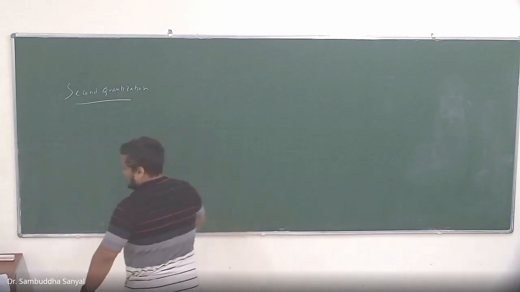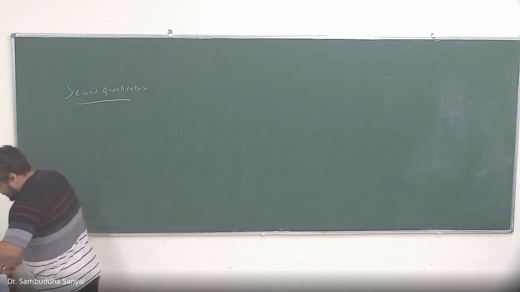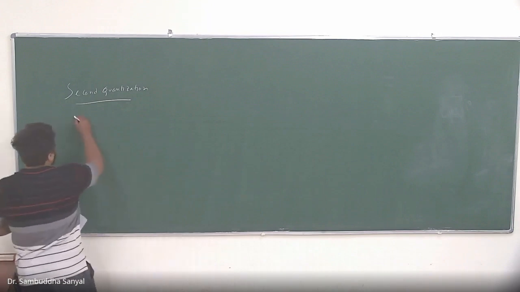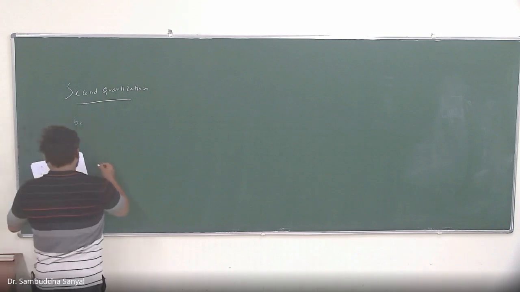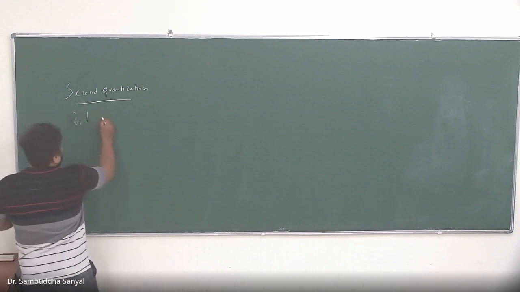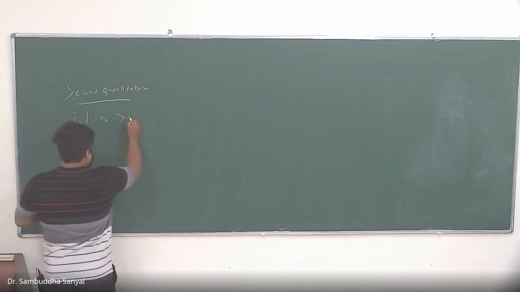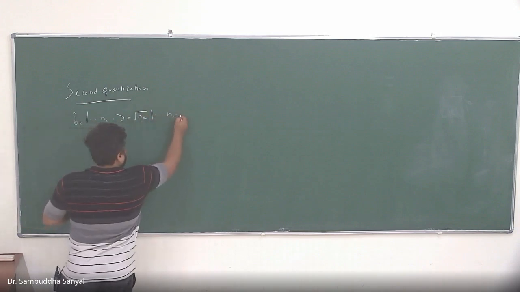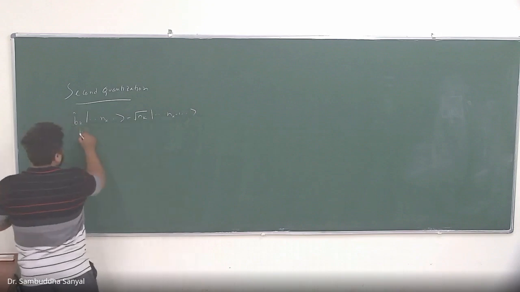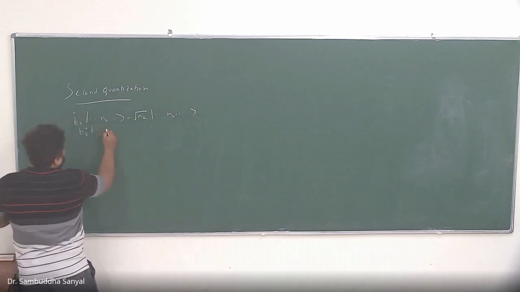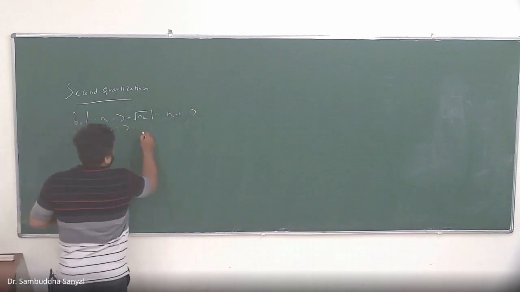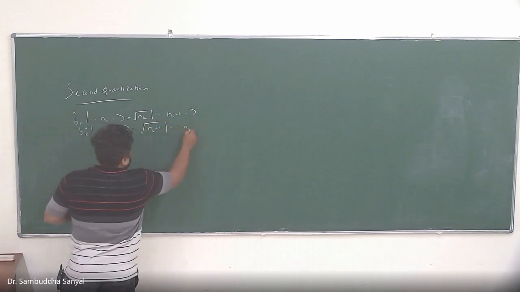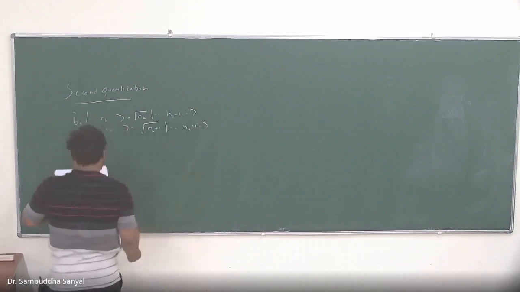We learned about two sets of rules, one for fermions and another for bosons. For bosons, the rule was that b_k acting on n_k gives n_k minus 1, and b_k dagger raises it.